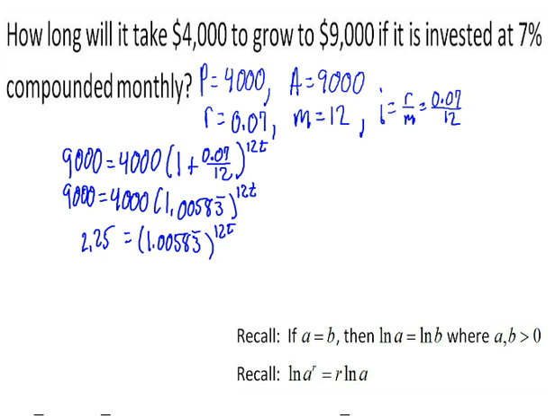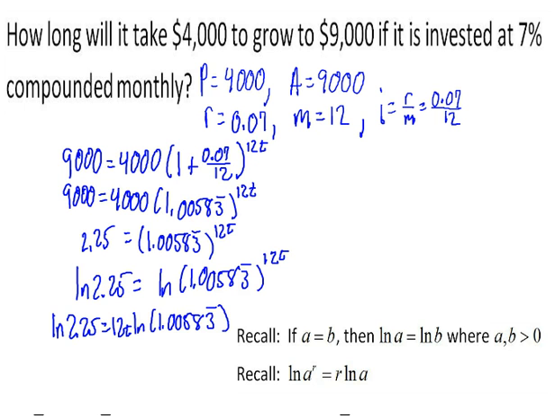Now that we have the exponential by itself, we use that first property of logarithms that I mentioned: if these two things are equal to each other and they're both positive, then the natural log of those two things are also equal to each other. Then we use the power property of logarithms, so we can bring down that 12t to the front of the logarithm. Now remember, the natural log of 2.25 is just a number. You plug it into your calculator and you get a number. Same thing for the natural log of 1.005833, going on forever.